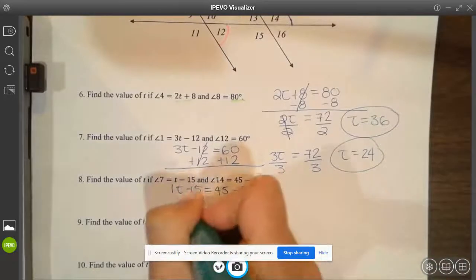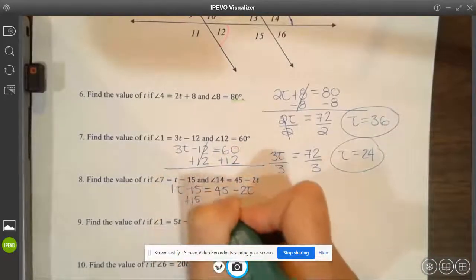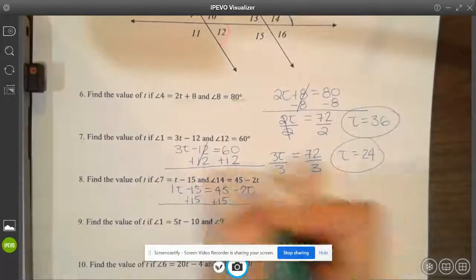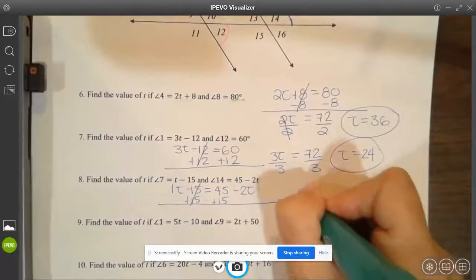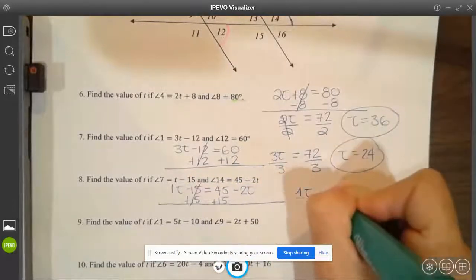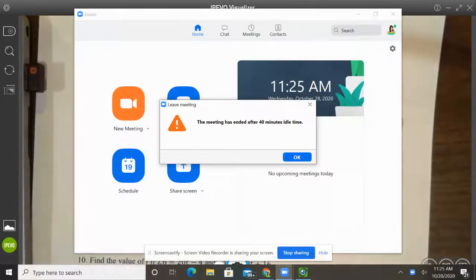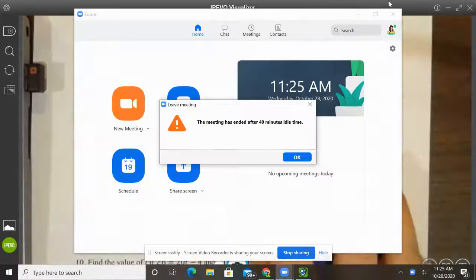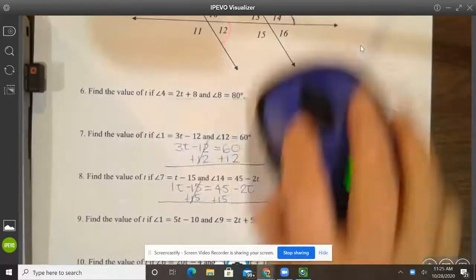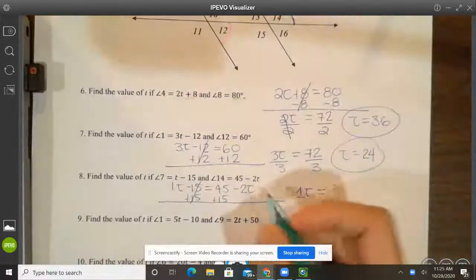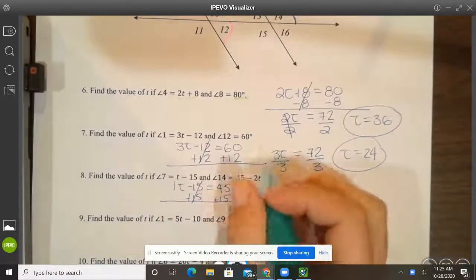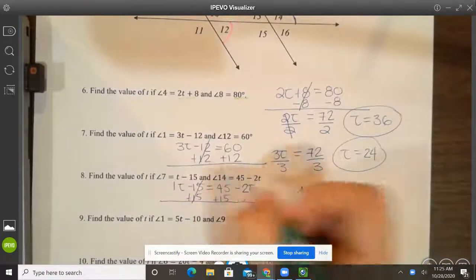Now I'm going to add 15 on both sides. This goes away and we have 1t equals 45 plus 15. That is 60.